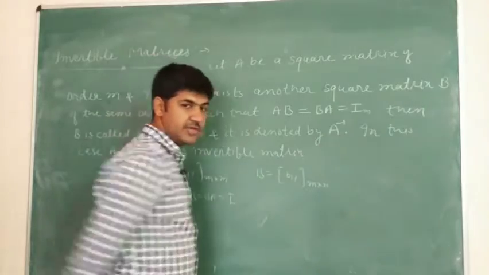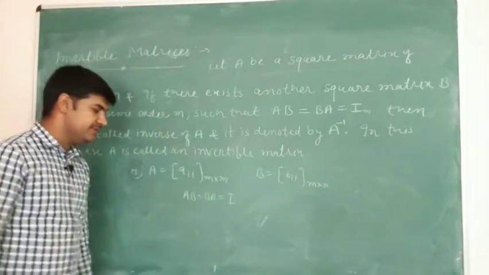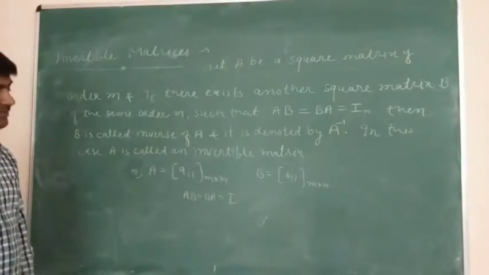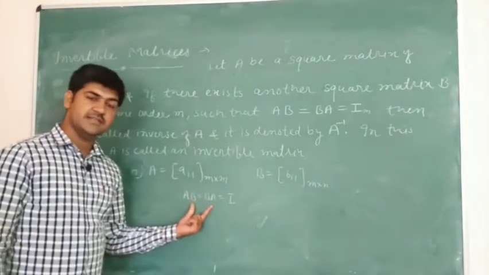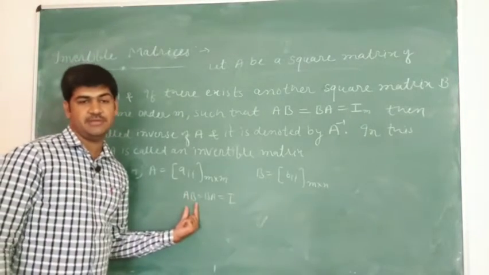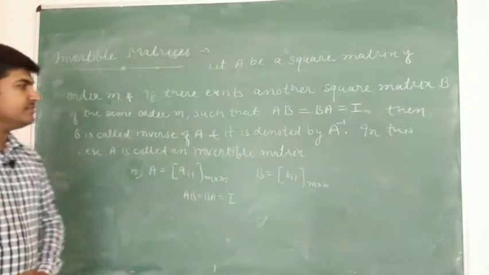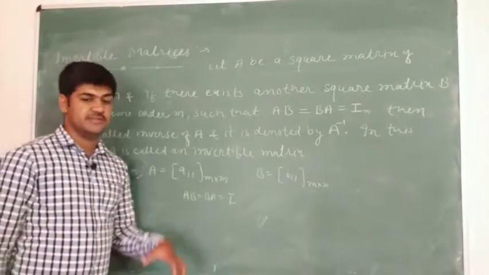In this case A is called an inversible matrix. I hope you have understood the definition of an inversible matrix and inverse.